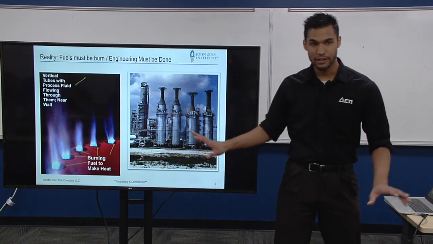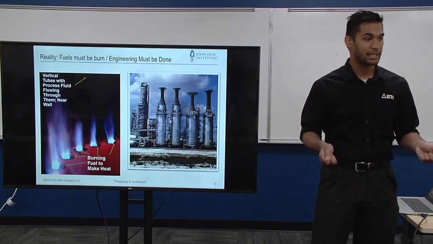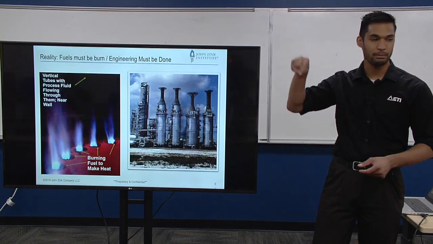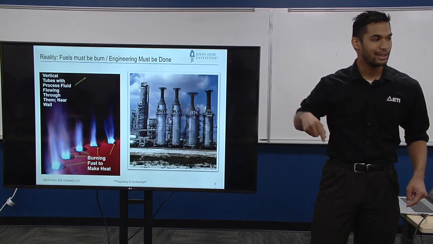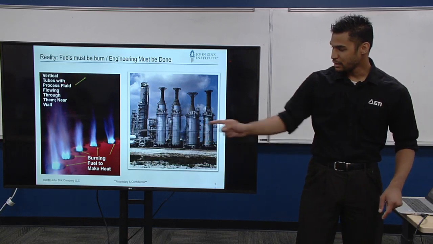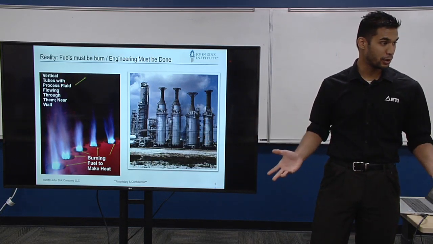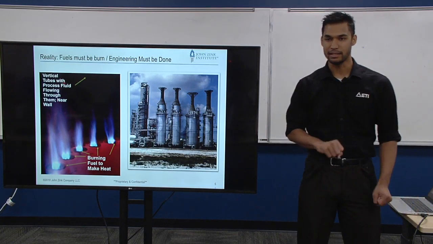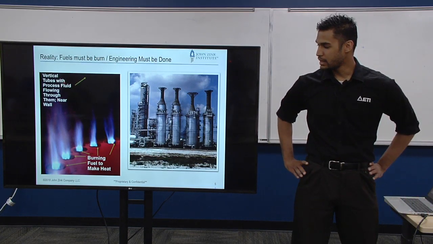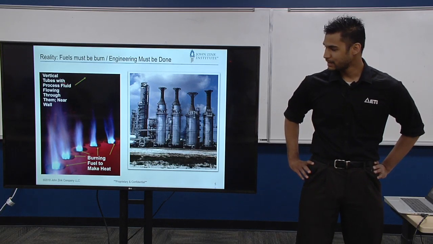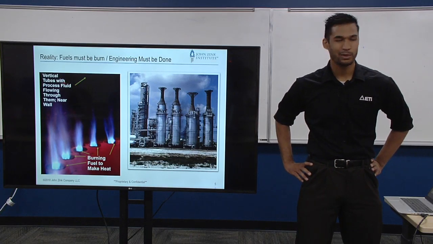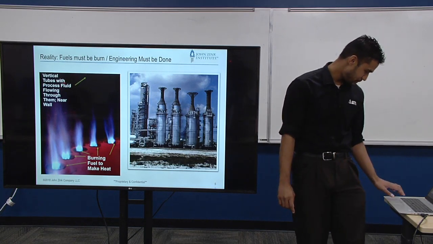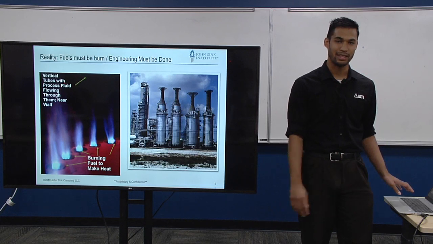It's tough to see on the screen, but if you have the slides printed out, there are tubes of your feed snaking up and down all the way around the can in this heater. You can see the burners in the middle burning fuel, supplying heat. So it's not as simple as, oh, add heat. There's a lot of engineering and detailed design that goes into it. Keep that in mind, and that's what we're going to be elaborating on throughout this course. Okay, any questions so far? I think it's been pretty light.